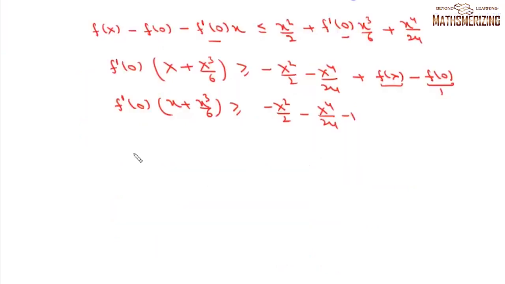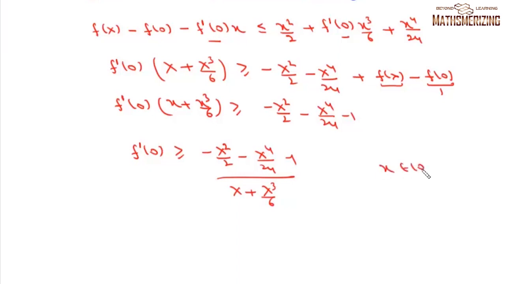And from this we can write f'(0) will be greater than or equal to minus x square by 2 minus x to the power 4 upon 24 minus 1 upon x plus x cube by 6. That will be true for any x which lies in the interval 0 to 1.